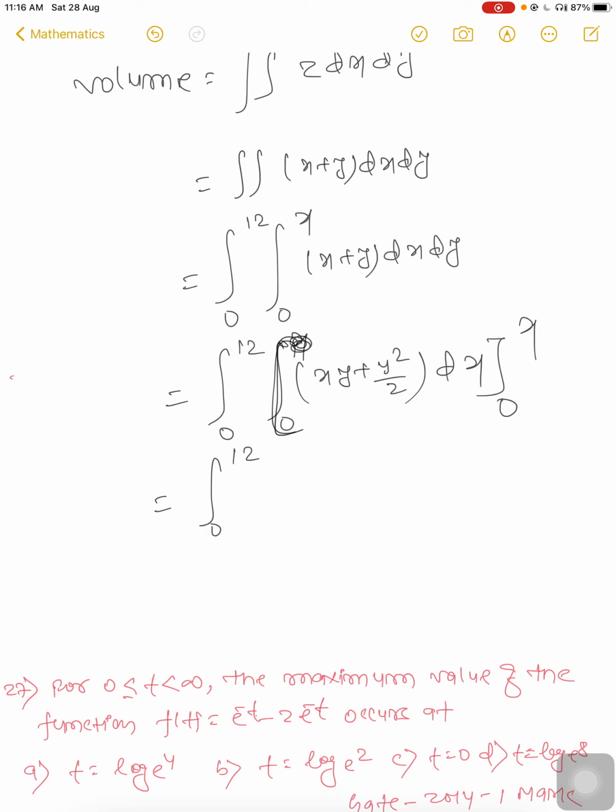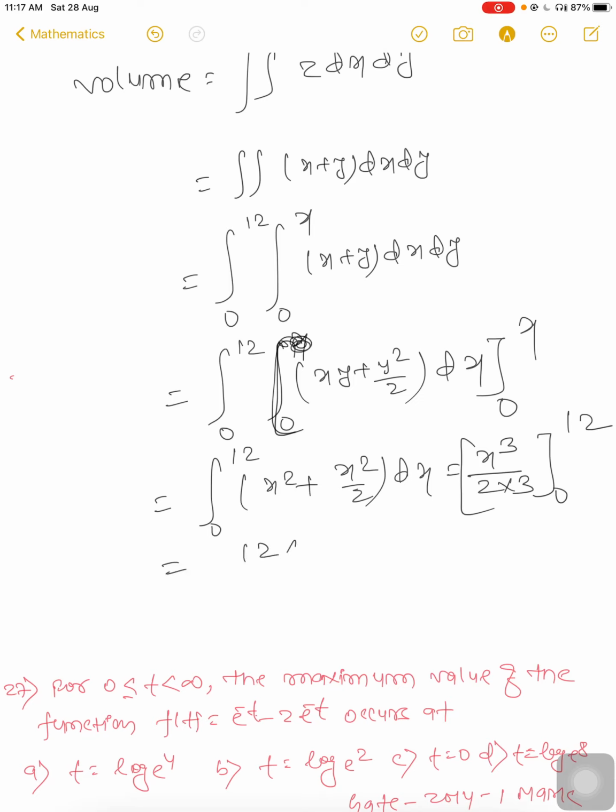From 0 to 12, we get x square plus x square by 2 dx, which is 3x square by 2, and integrating gives x cube by 2, into 3, from 0 to 12, and here 12 into 12 into 12 upon 6.